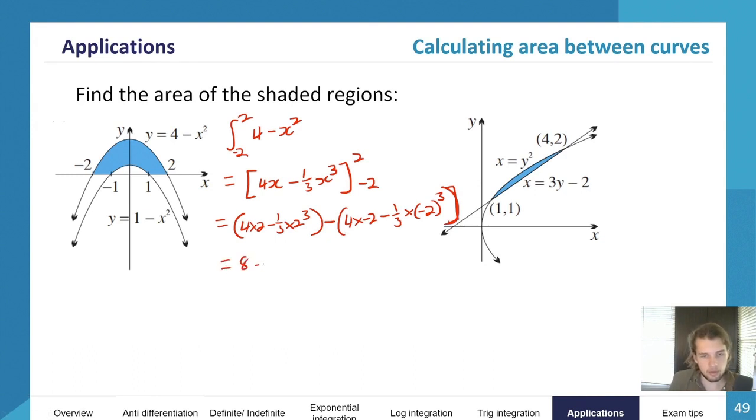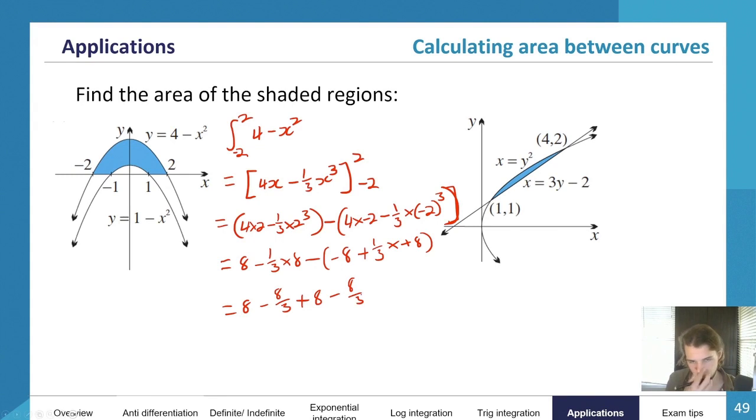Equals 8 minus 1 over 3 times 8, minus -8 minus 1 over 3 times -8, equals 8 minus 8 over 3 plus 8. And this would become plus, so minus 8 over 3. So our first area is 16, and then we subtract 16 over 3.